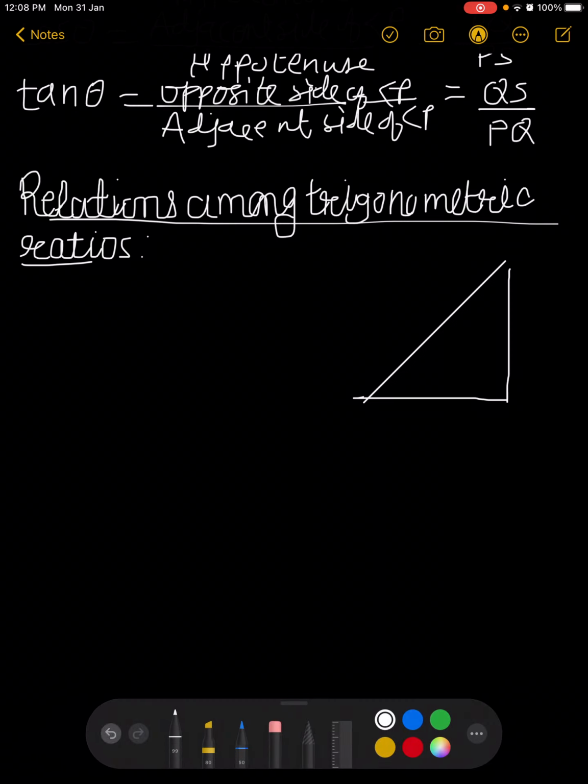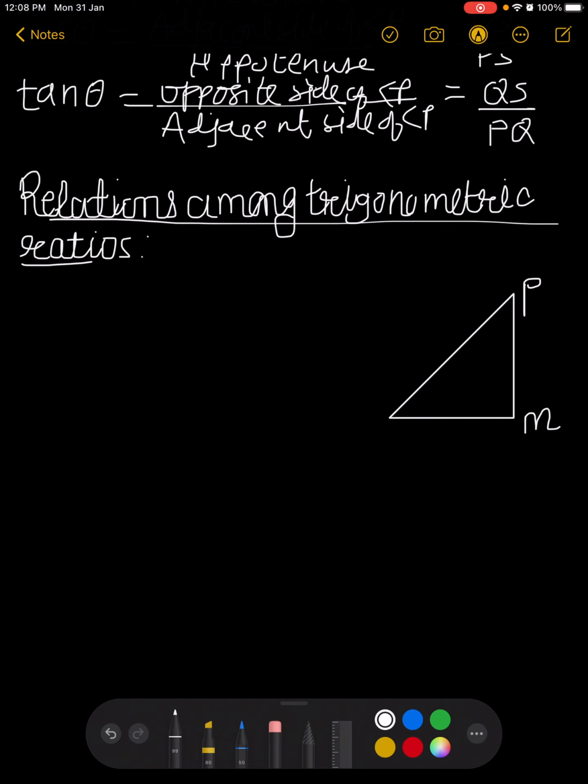For this purpose, a right angle triangle is required. So let me draw a right angle triangle. The name of this right angle triangle is PMN. Angle M has measure 90 degrees.